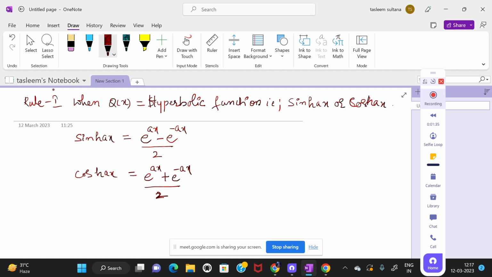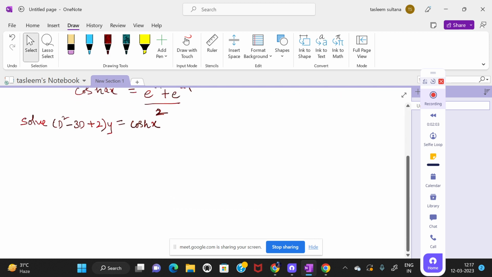Yes, ma'am. Write down the problem. Solve (D square minus 3D plus 2) of y equals cosh ax.